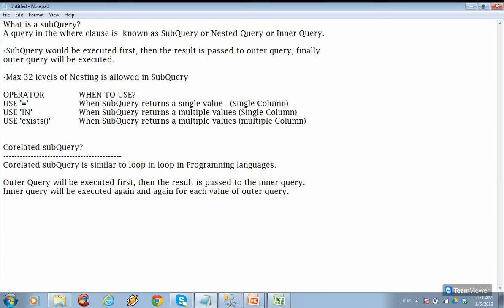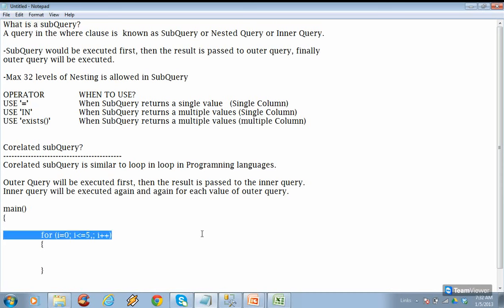You take C or C++ or any language. In a programming language, you have a loop inside a loop. For example, I have a for loop here. I am writing a C program, I don't know whether you people understand or not, but let me explain. For I equals 0, I less than 5, I plus plus, I write some work here.